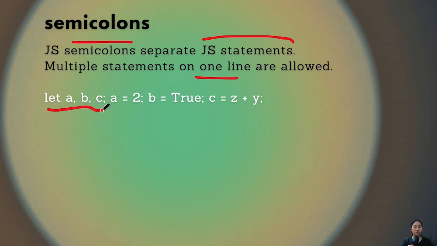Let a, b, c, so we're declaring a, b, c, and then we're assigning values to them. a equals 2, b equals true, and c equals z plus y. Now, just like HTML, you can miss a closing tag, for example. And with JavaScript, you can miss a semicolon as well.